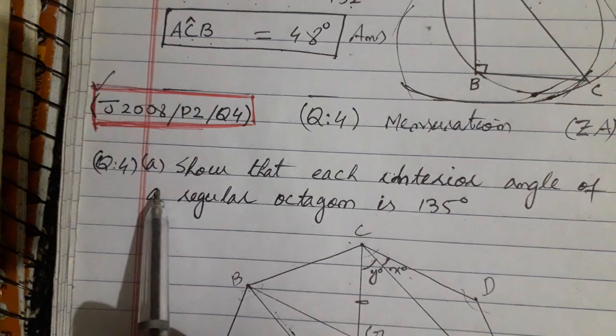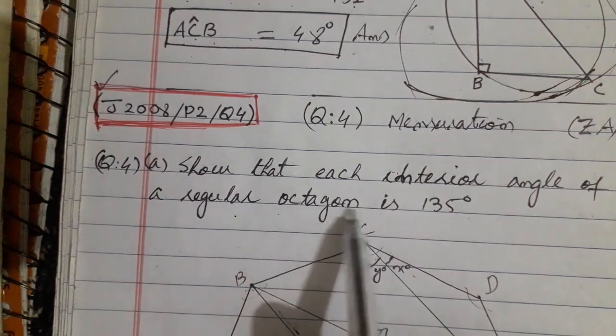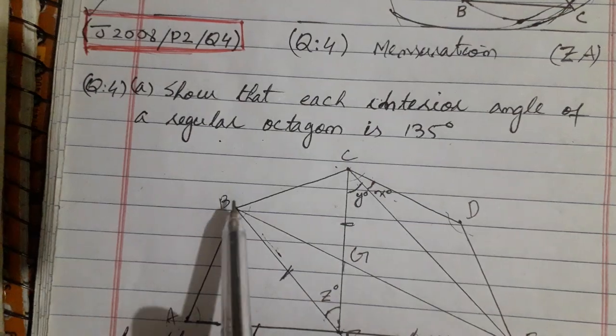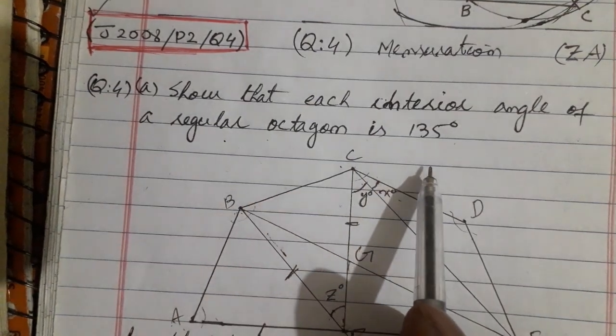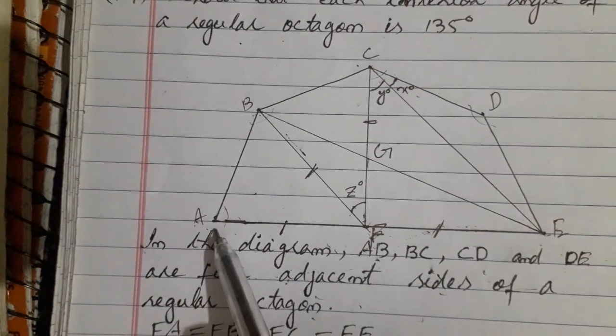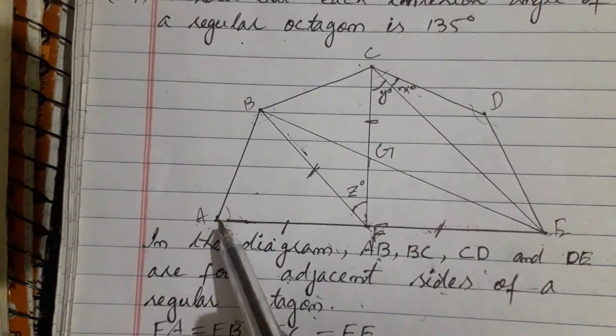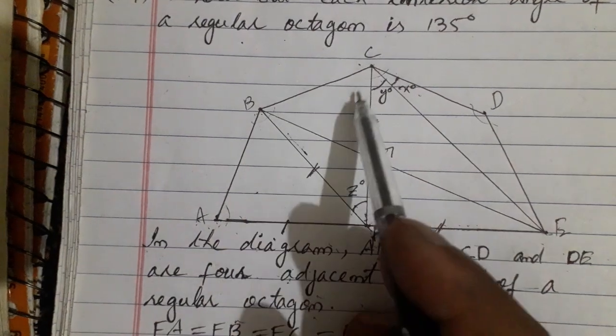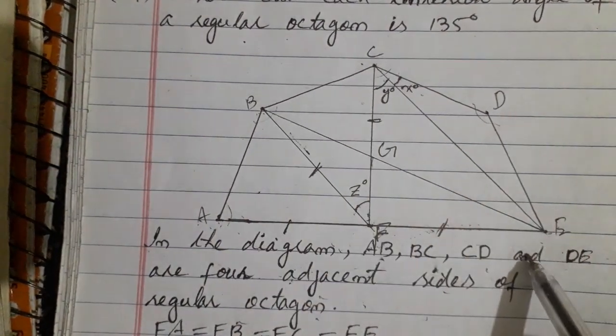Question 4, part A. Show that each interior angle of a regular octagon is 135 degrees. This is part of an octagon. The sides AB, BC, CD, DE are shown.